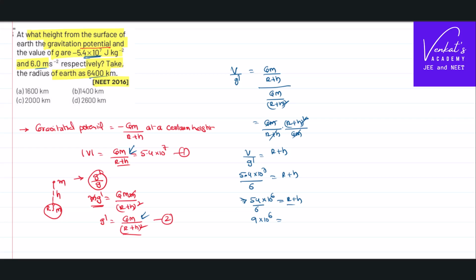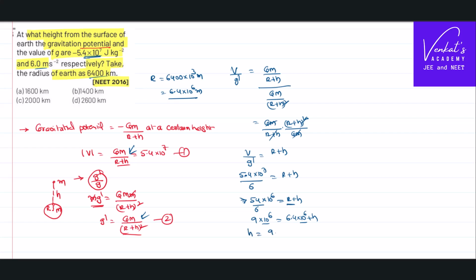Radius of the earth is given as 6,400 kilometers, that is 6,400 into 10 power 3 meters, which becomes 6.4 into 10 power 6 meters. So in place of r, I can write 6.4 into 10 power 6 plus h. I have written it like that because 10 power 6 is common, so the calculation becomes easy.